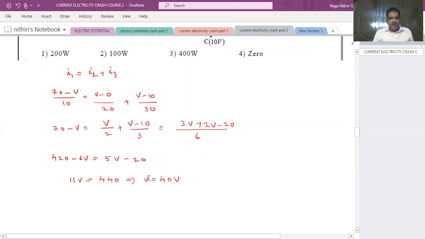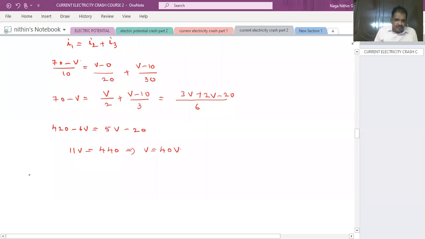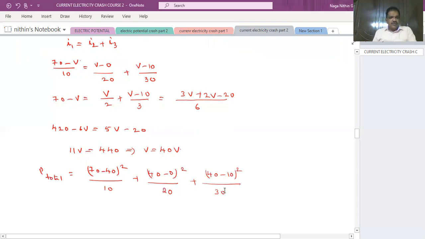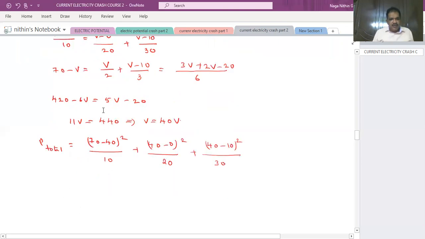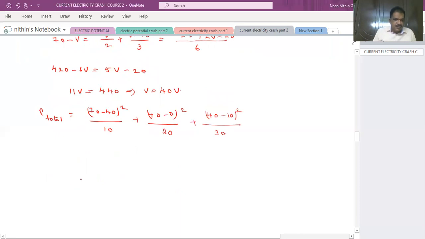We got V value. Then we will find the power value. P total is equal to (70 minus 40) whole square by R, V square by R, plus (40 minus 0) whole square by 20, plus (40 minus 10) whole square by 30. If we calculate this, 30 square is 900, by 10 becomes 90.